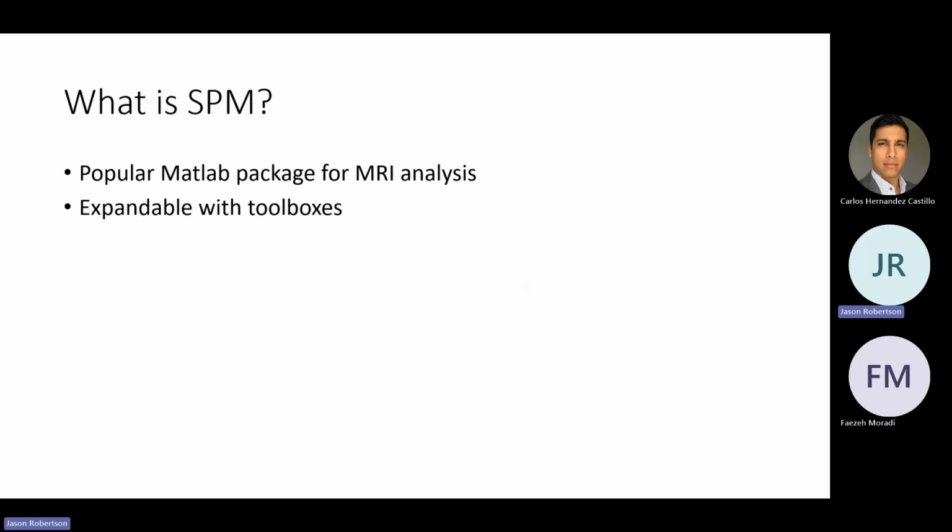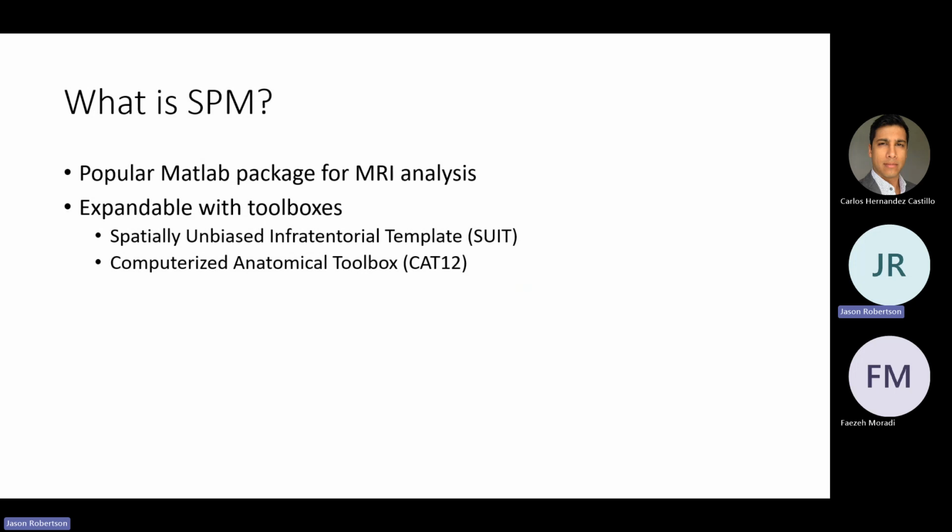Two of the ones we use are the spatially unbiased infratentorial template toolbox, which is a very sophisticated and dedicated toolbox for analyzing cerebellar gray matter because it's very small and difficult to look at, and the computerized anatomical toolbox, which we mostly use for segmentation.